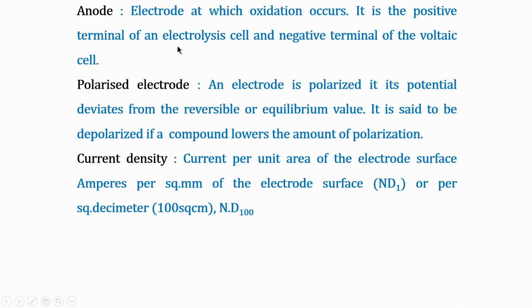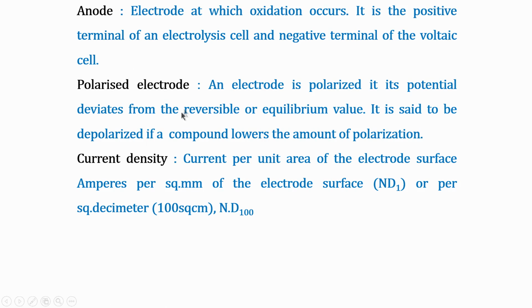When oxidation takes place at the anode, simultaneously reduction must take place at the cathode. Both these processes occur simultaneously, they cannot occur independent of each other. It is like a coin having both sides, head and tail.